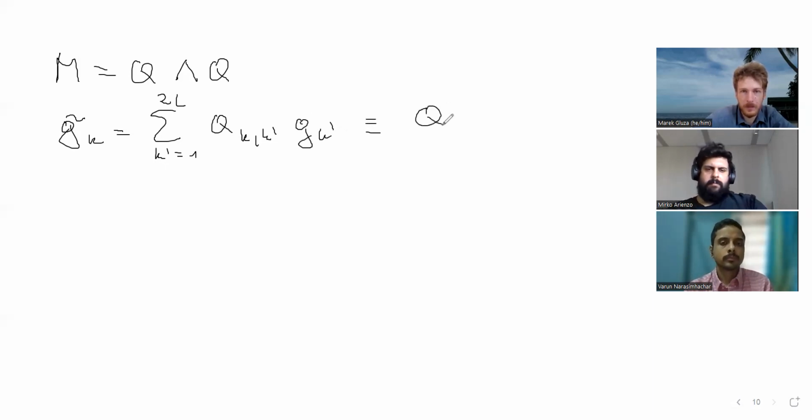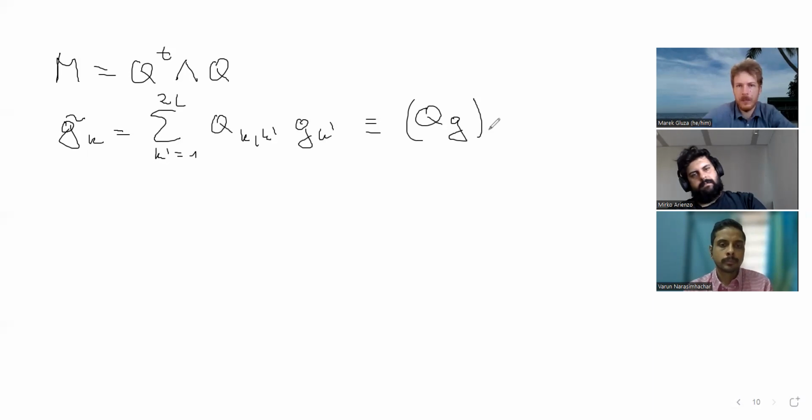So this is what I'm calling Q acting on G. And now I will redefine it so that, where do I want this one? Yeah, I want it here, right? And that's the kth element of this one.